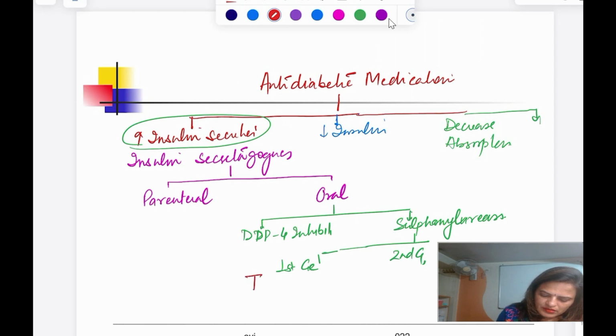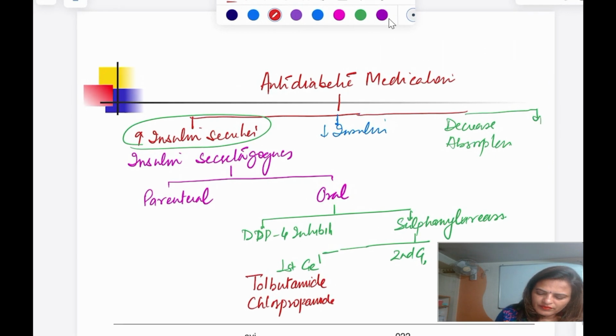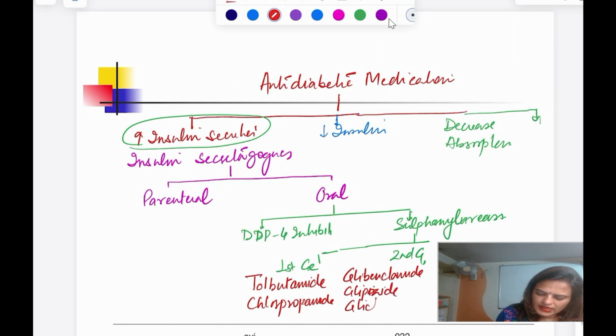In the first generation we have two drugs: tolbutamide and chlorpropamide. Whereas in the second generation we have glibenclamide, glipizide, gliclazide and glimepiride.